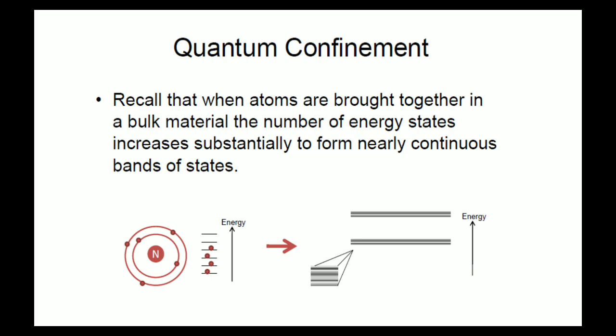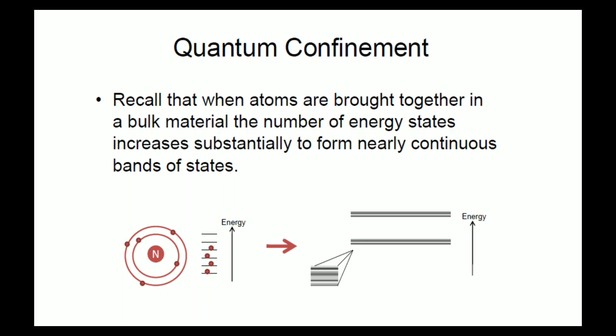Because the number of atoms is very huge in bulk material, the distance between the energy levels is so small that we consider it as a continuous band of states. So for bulk material, we say that we have a valence band and a conduction band, in case of semiconducting bulk material.